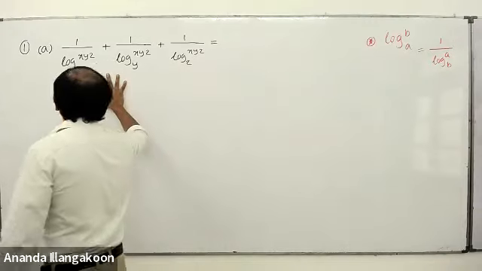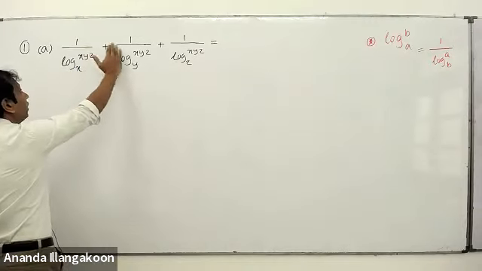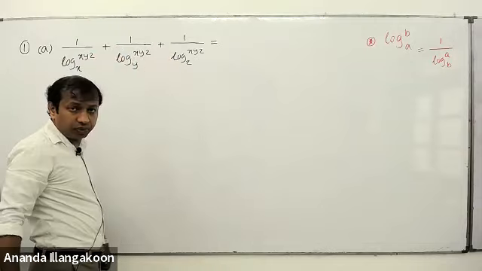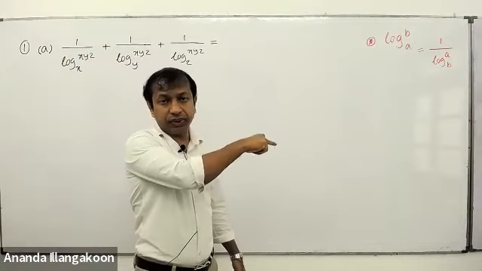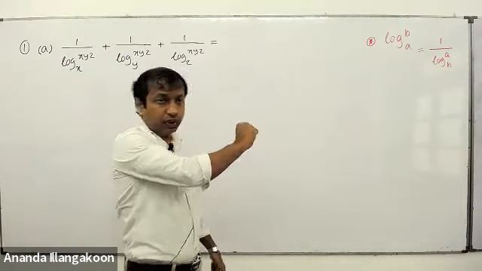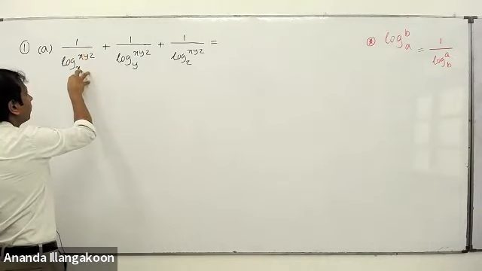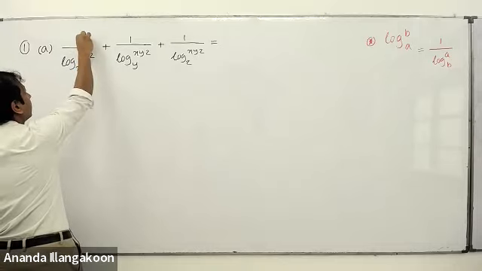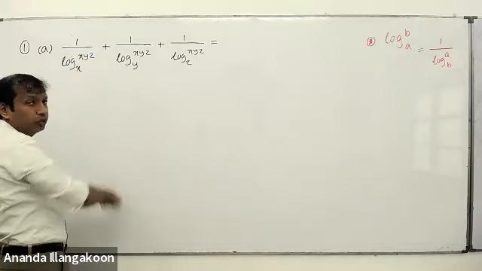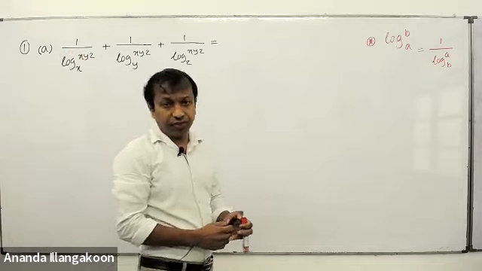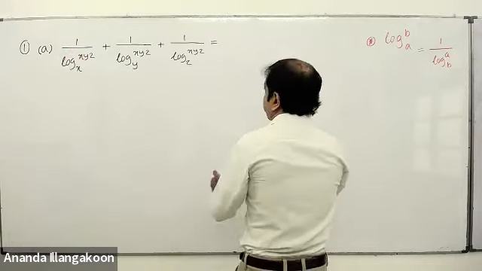Now for these three terms, I am going to write equal terms on the right. Here the log term is available at the denominator. I am going to take that to the numerator, and then these two values will change places.